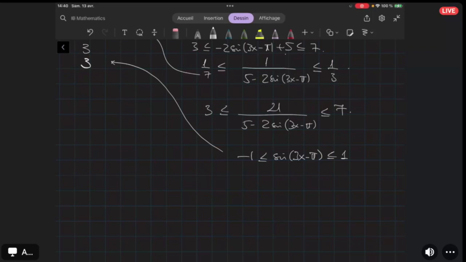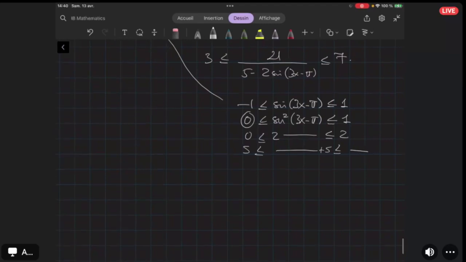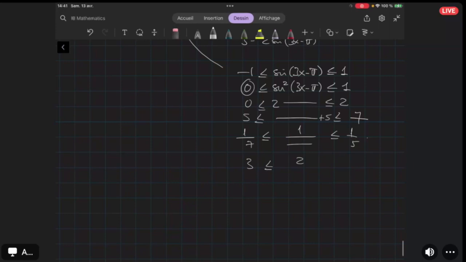What do you get when you square this guy? 0 is the new lower bound. It's equal to 1. Multiply by 2. Add 5. Take the reciprocal. Oh, sorry. Less than 1 over 5. Multiply by 21. Min. Max.